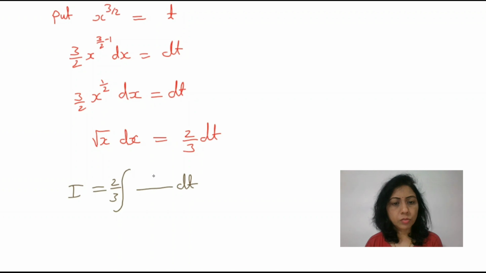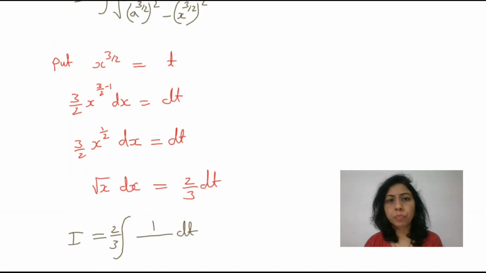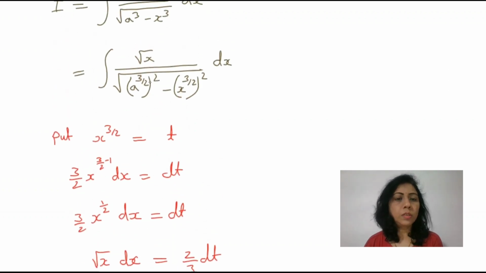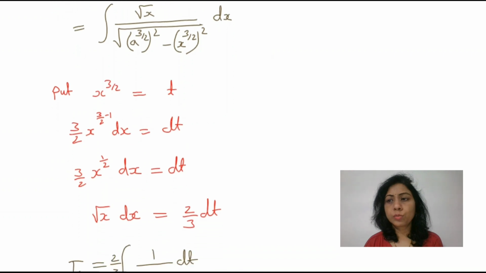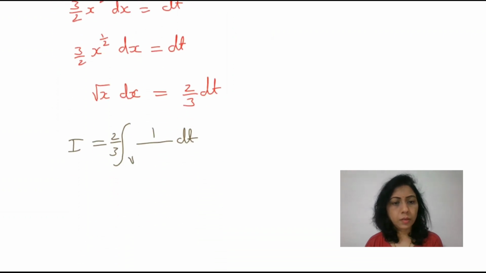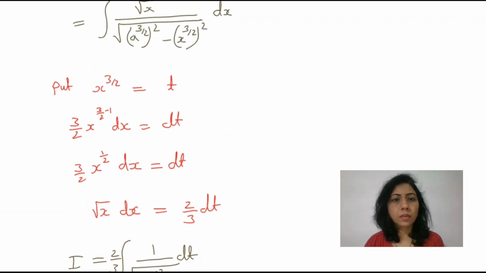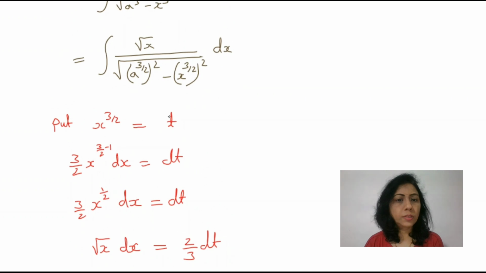Okay, so this is 1 upon square root of a to the power 3 upon 2 squared minus t squared.